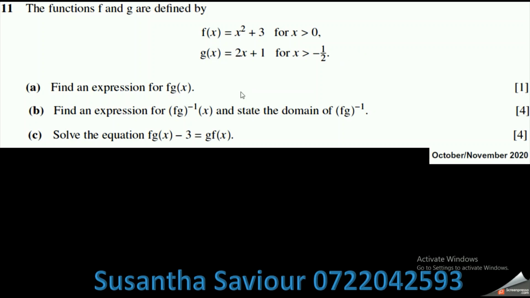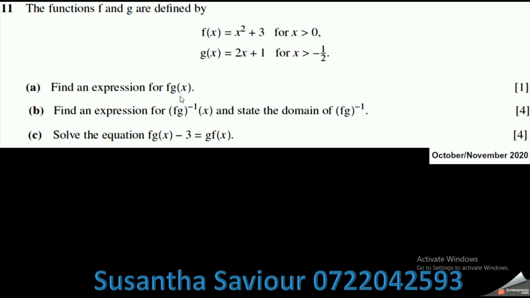Just keep it in mind when you read a function. It is always better to store in your head what its domain and range are at once. Make it a habit. Now we are supposed to find an expression for f of g(x).